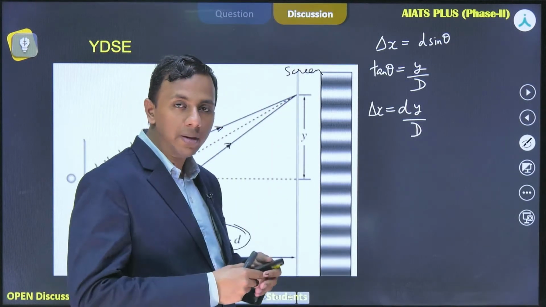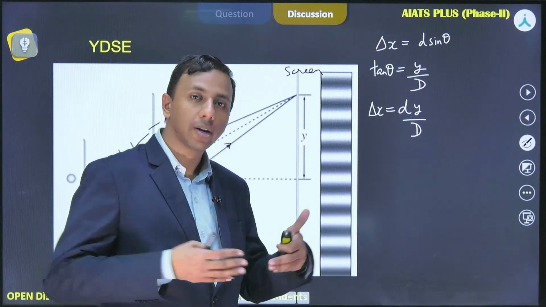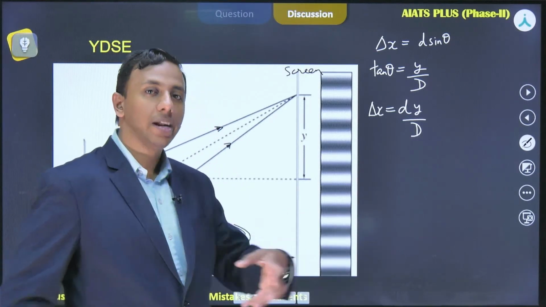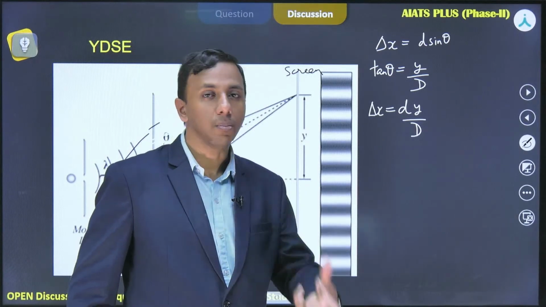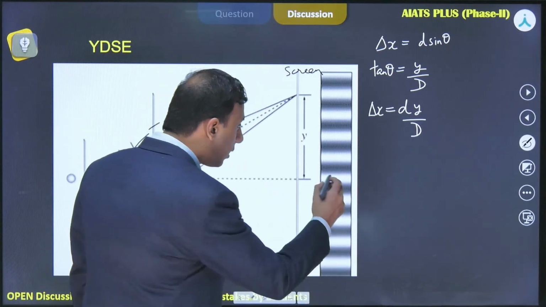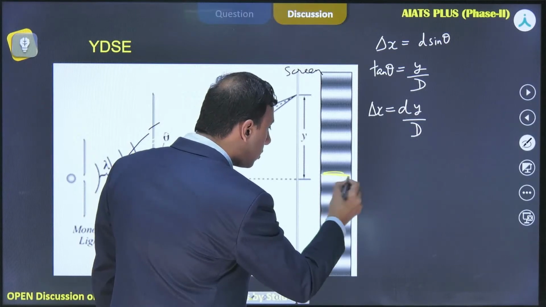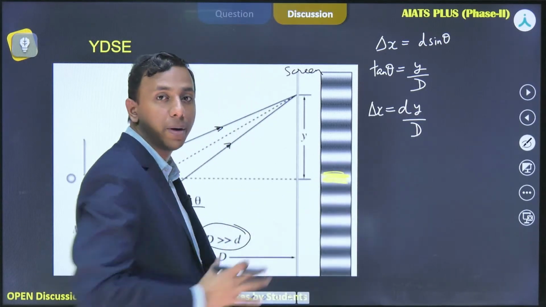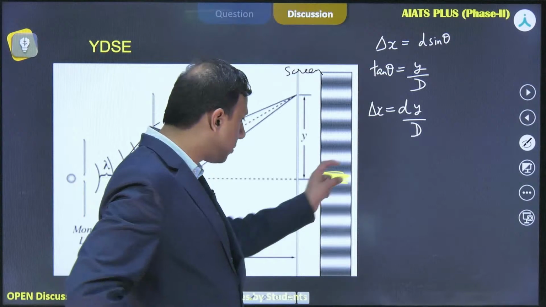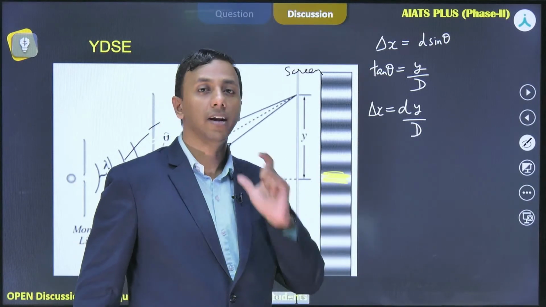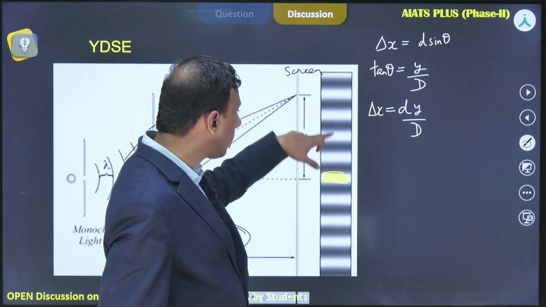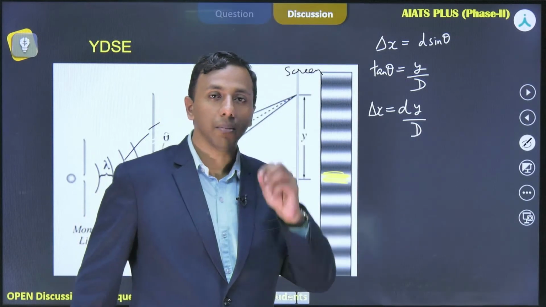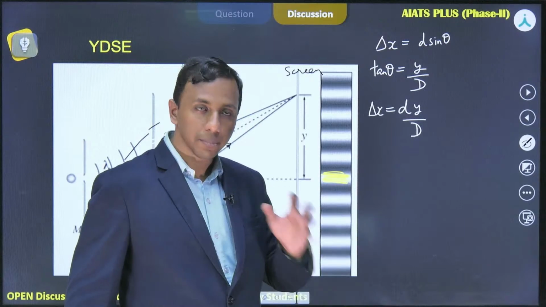They will try to add up to each other or cancel each other. If they perfectly add to each other, we call it a maxima, because their intensity is maximum there. This region is extremely bright, which means there is a maxima. We also call it the central maxima. Dark means minima, white means maxima.